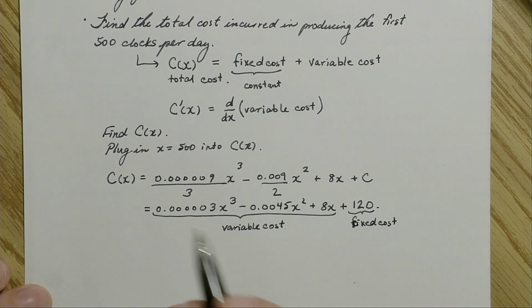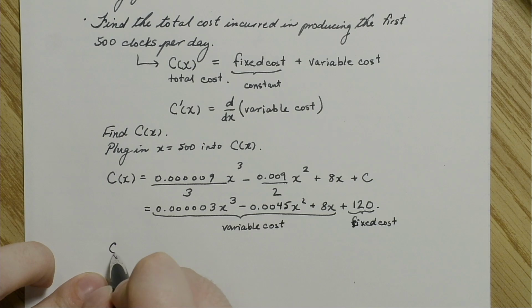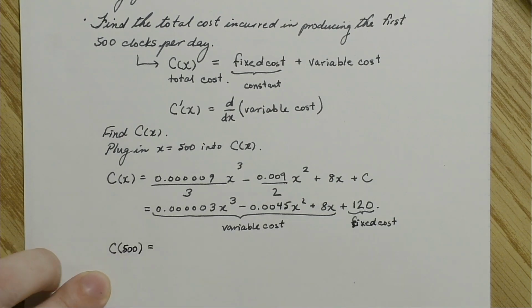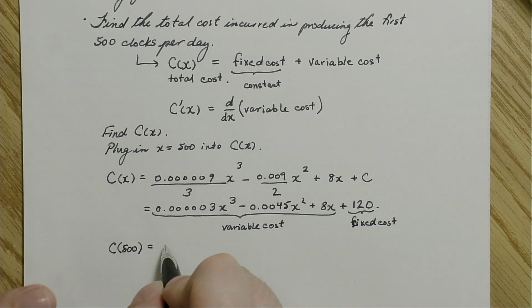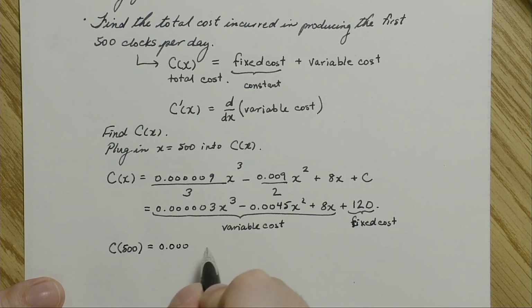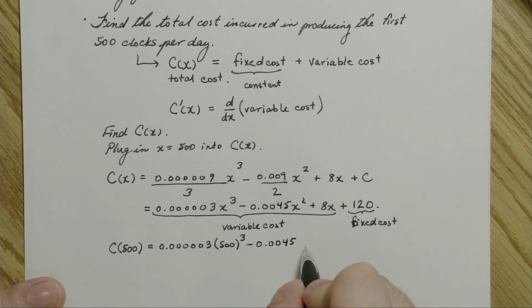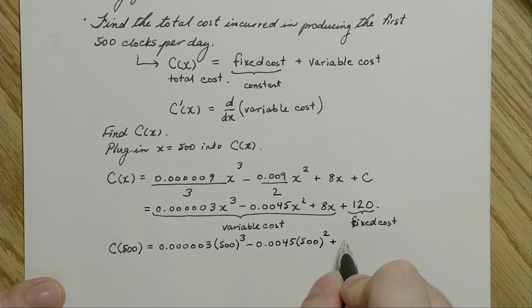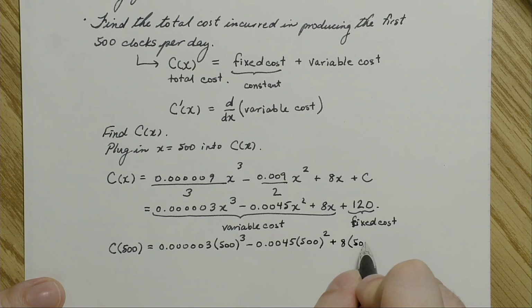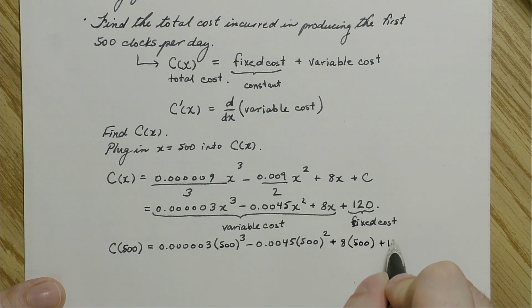And they want us to plug in 500 into this. Okay, so that means 0.000003 times 500 cubed minus 0.0045 times 500 squared plus 8 times 500 plus 120.